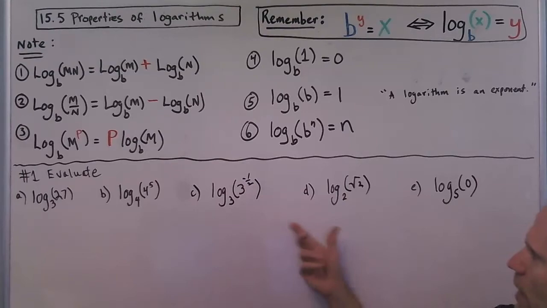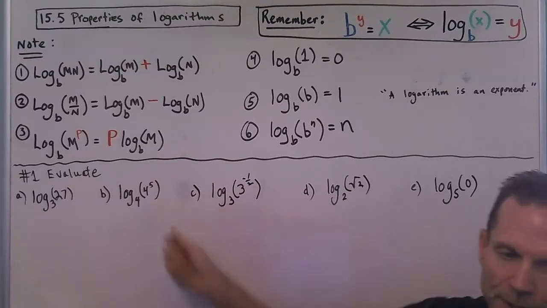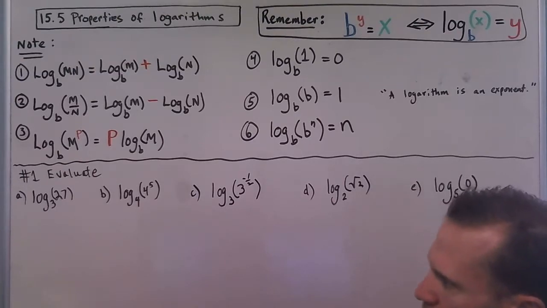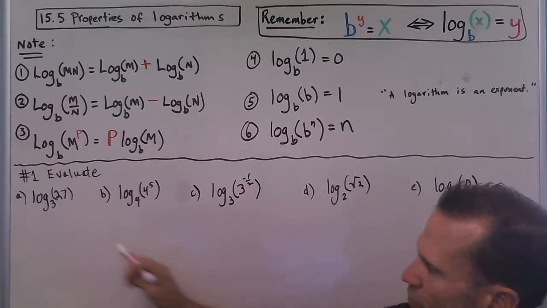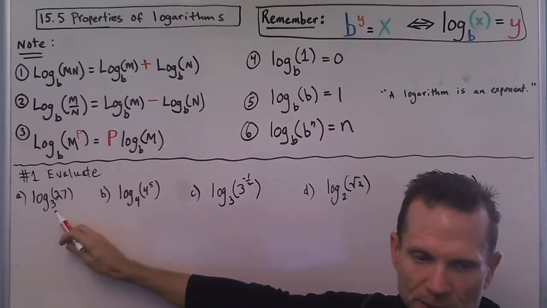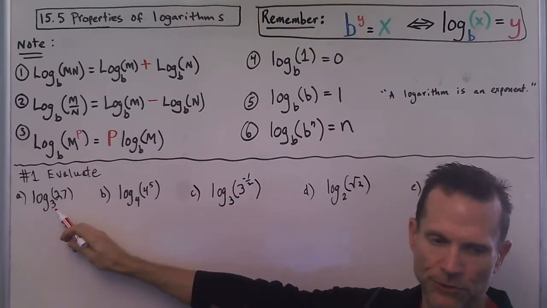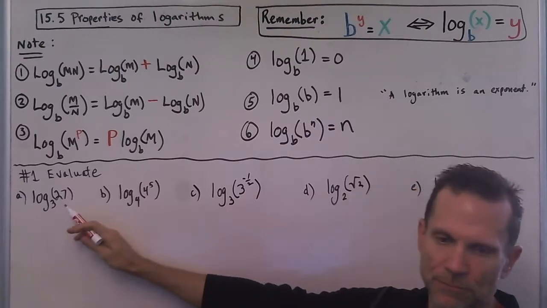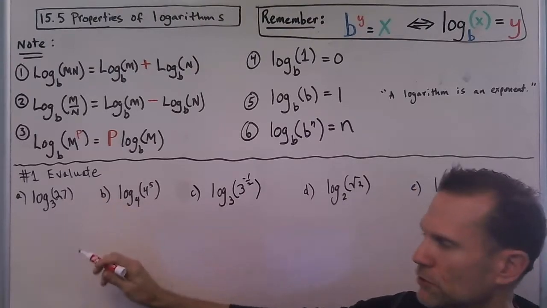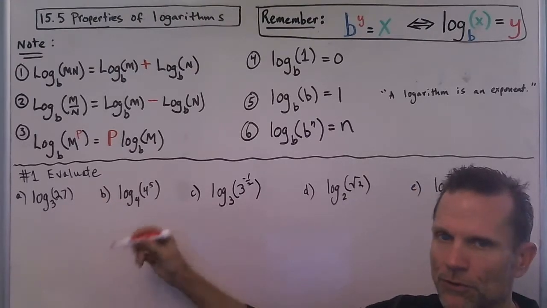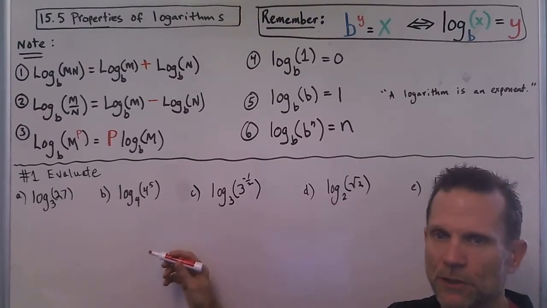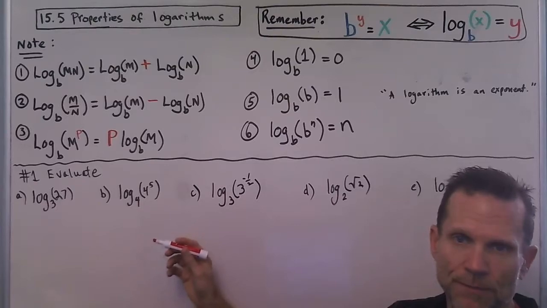Now the first 5 problems here, number 1, say to evaluate, so we're going to work to finding the answer here. And you could actually punch this into a TI 84 just like that using the math button, but hopefully you can do some of these in your head, or think of them logically and not always rely on your calculator, because it's quicker to do them in your head.